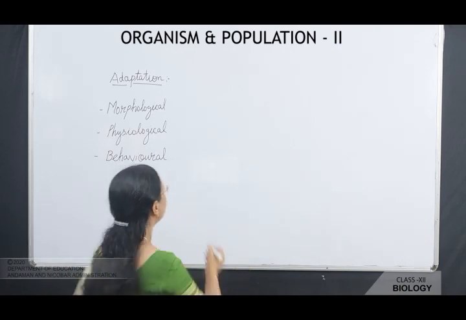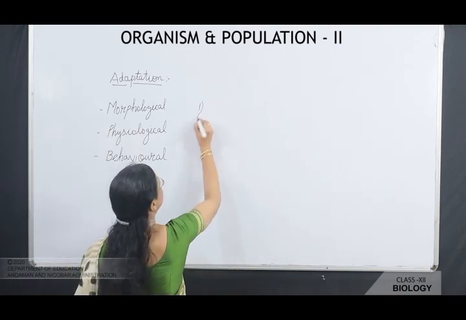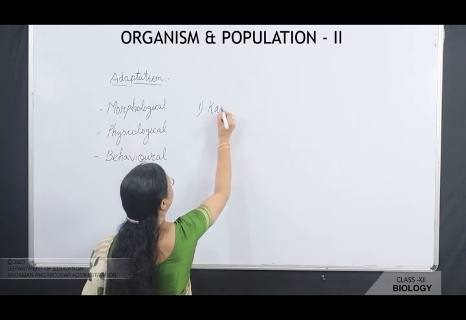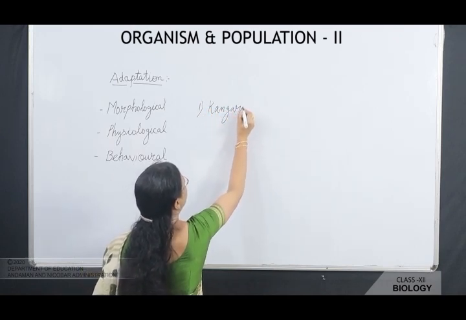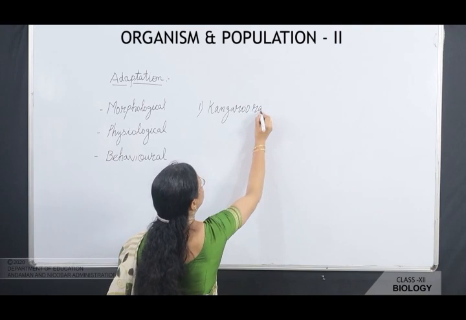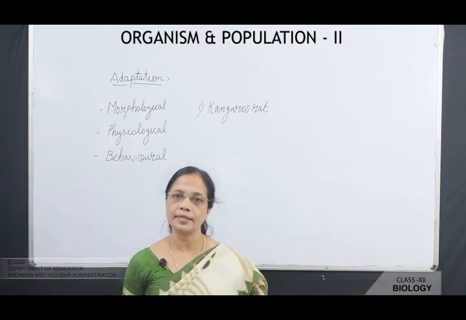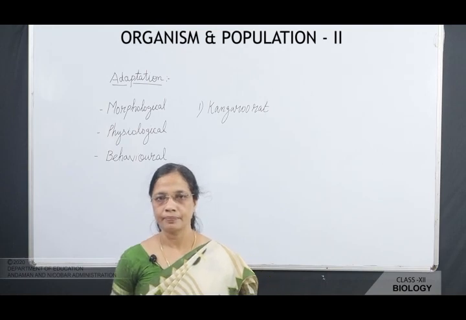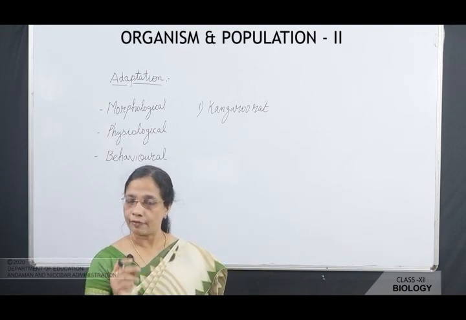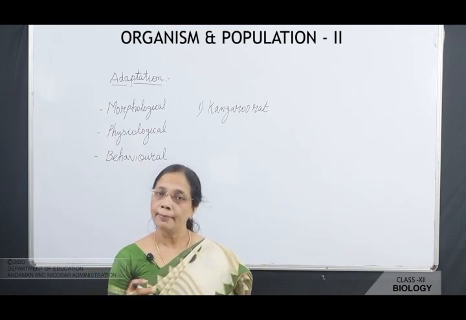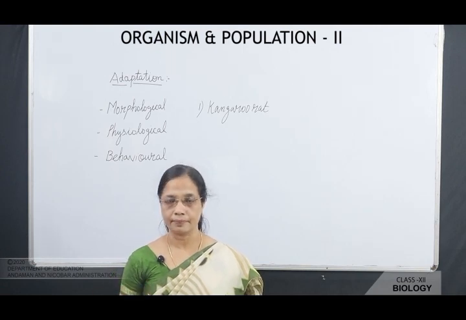The first example is kangaroo rat. This kangaroo rat is found in the desert of North America. They can survive without water for many days or even months.